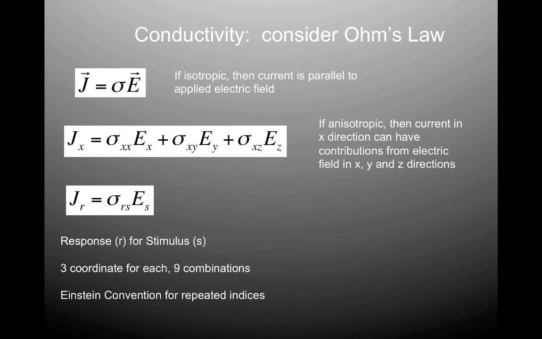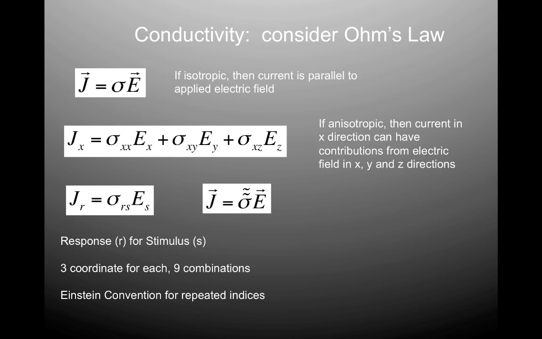The Einstein convention is illustrated in the equation above because we have 2 repeated indices on the right side of the equation, so that the shorthand notation is exactly the same as the expanded notation above it, in which there are 3 terms because we've summed over the 3 spatial coordinates.